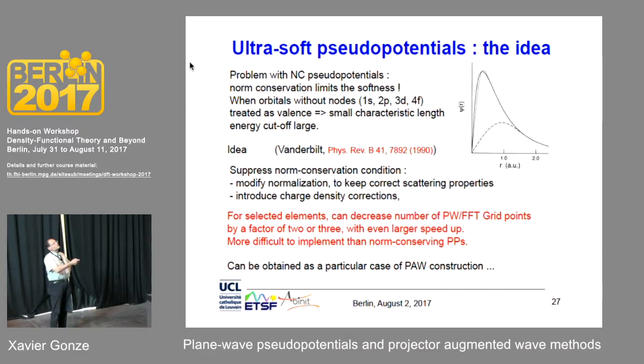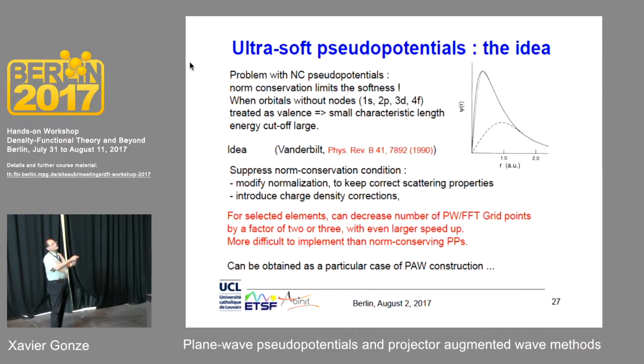The continuous line is the oxygen 2p orbital. The dotted line is the best that one can achieve in the norm-conserving case, where you see, because there is no node present, the smoothing is nearly not possible.